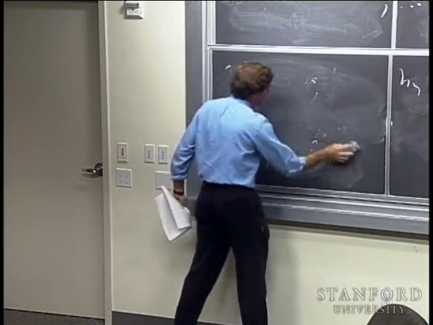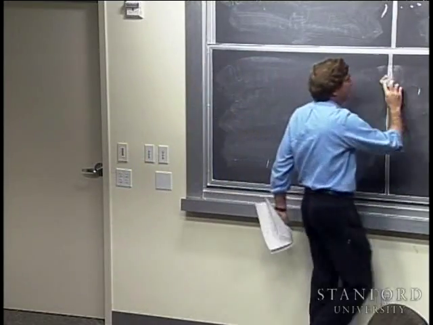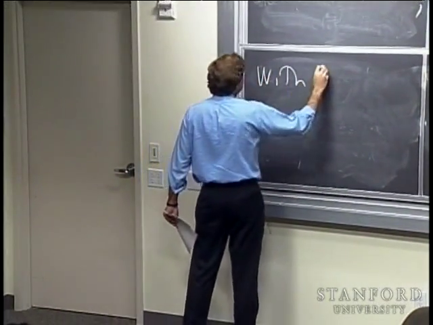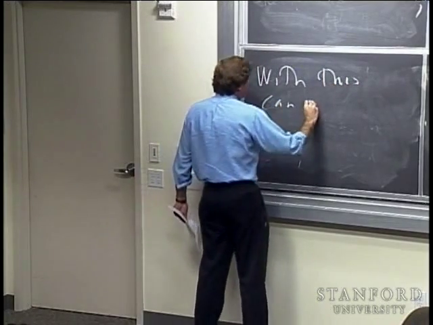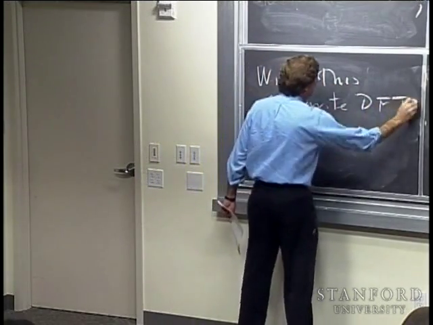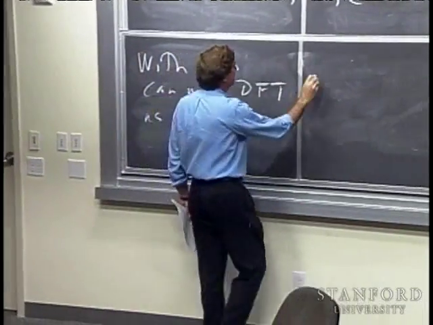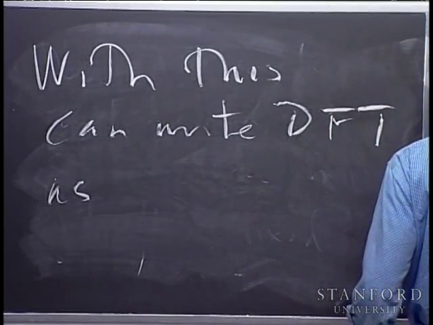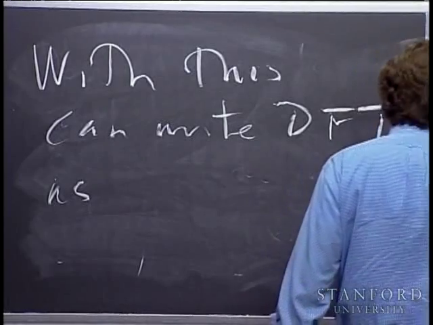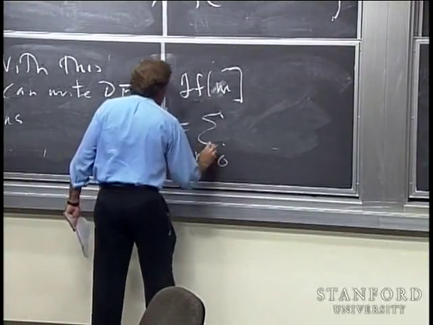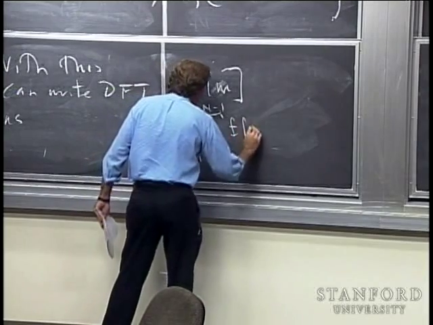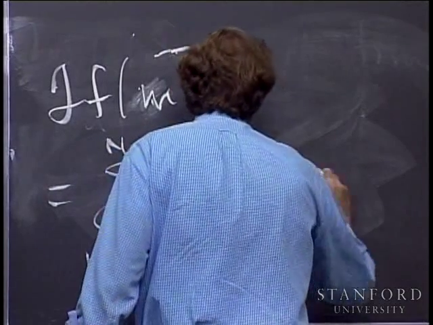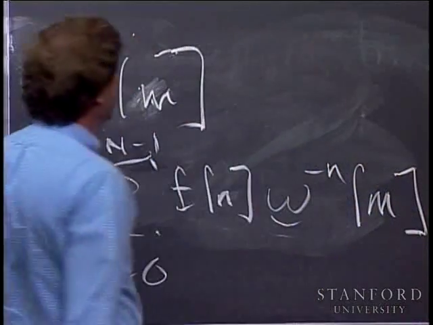With this notation, defining the discrete complex exponential this way, we can rewrite the definition of the discrete Fourier transform. You can write the DFT as: the Fourier transform of f, the mth component, is the sum from n equals 0 up to n minus 1 of the nth component of little f, the function you're operating on, times omega to the minus n, the mth component of that.